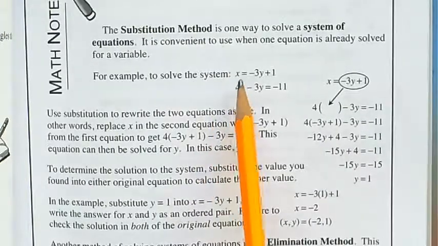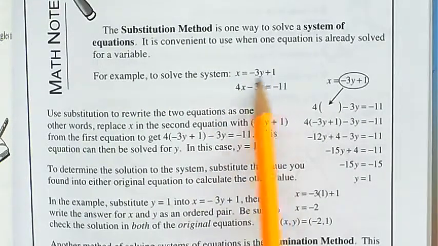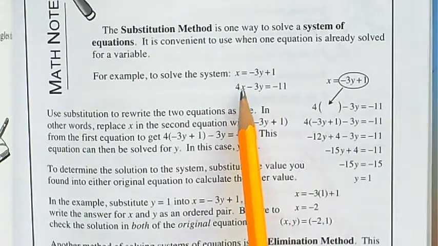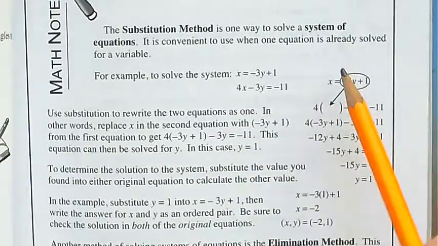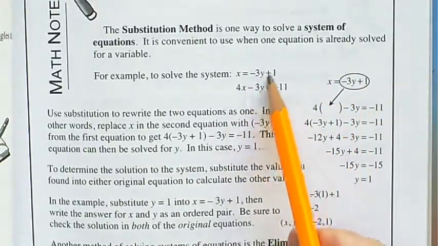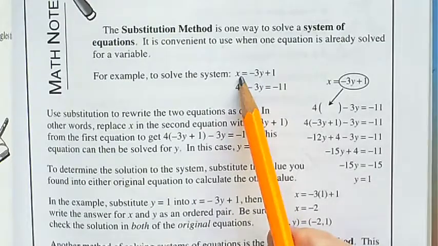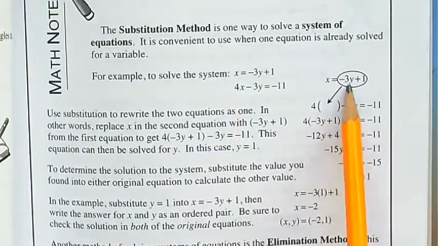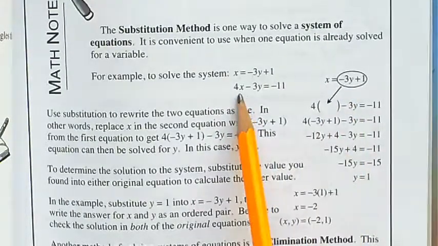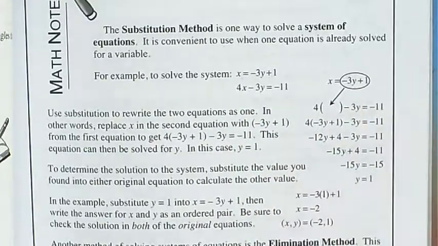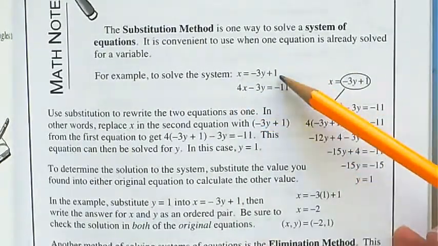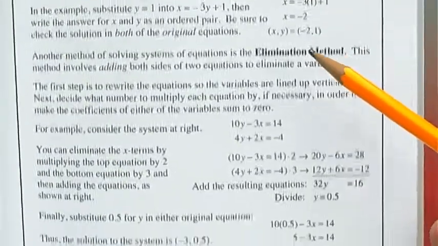Substitution is nice when you have one of your equations in terms of one variable and the other one is not. Then you can just take this and swap it out when you see x. For example, on this one, you're just swapping out for x this expression. So substitution is nice for when you have that.